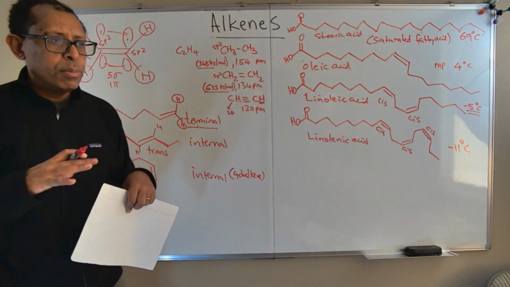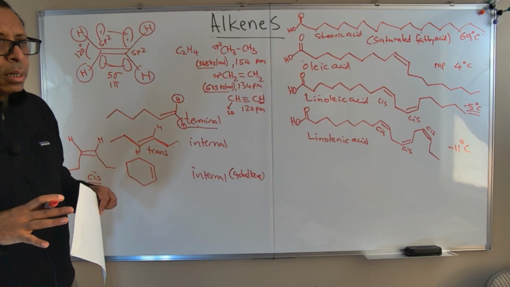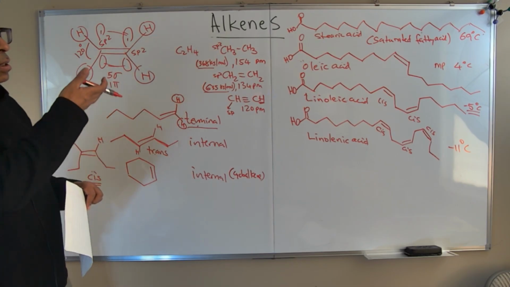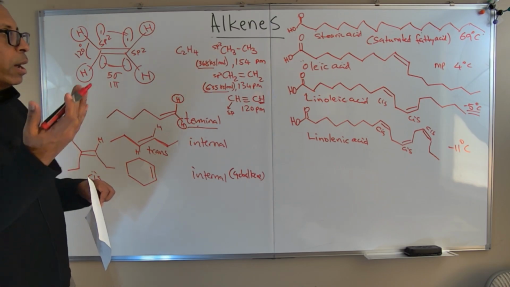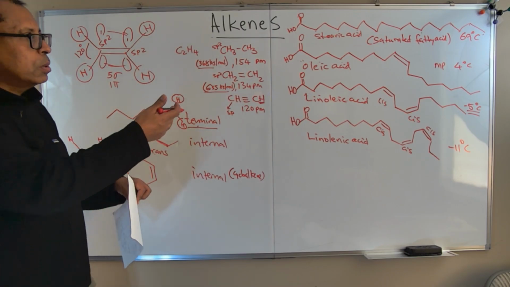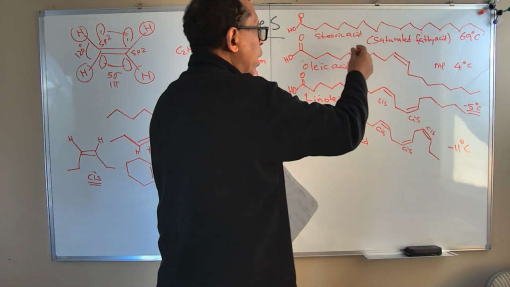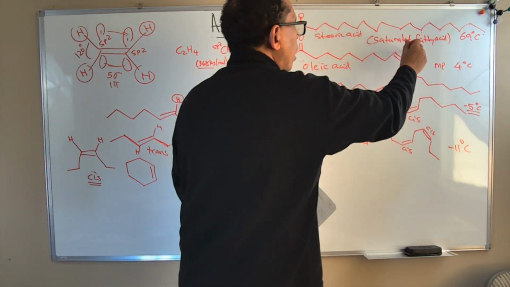What I'm just trying to show here is how important they are, and we'll see the different reactions they undergo to become saturated, to add stuff. For example, you can add hydrogen to it. This oleic acid can be converted to stearic acid if you add hydrogen, right?